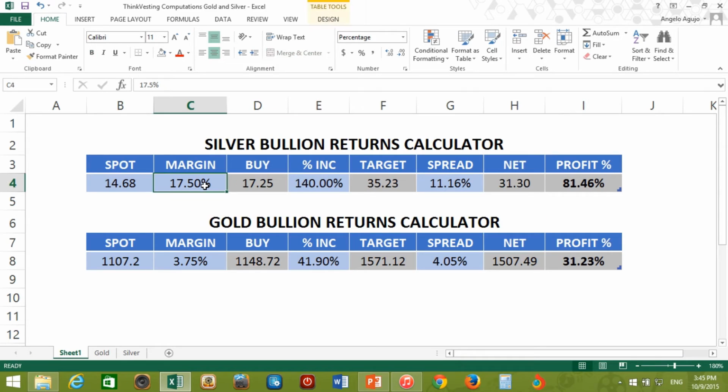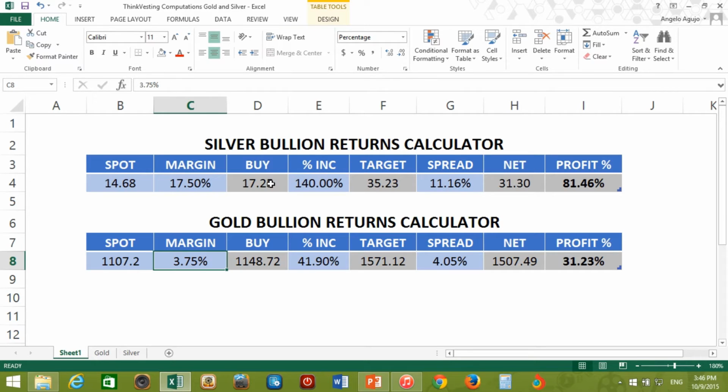I've placed margin percentages here based on what the bullion dealers here in Singapore would charge. This figure is for a 1 ounce silver bar, and this one is for a 1 ounce gold bar.